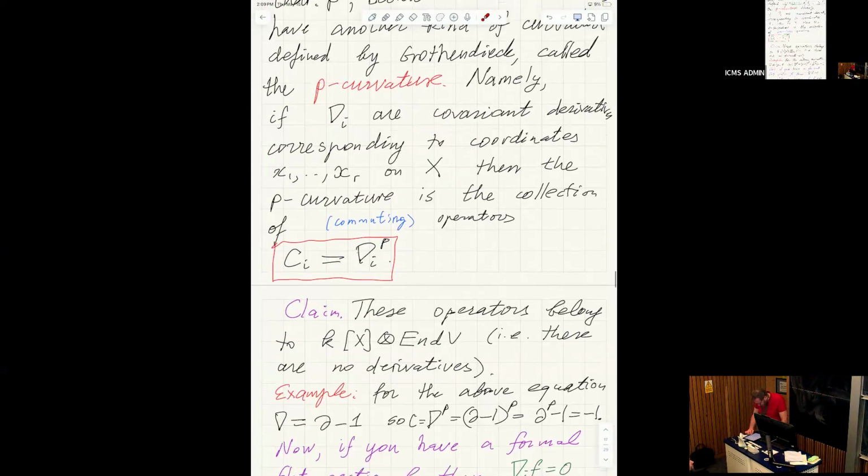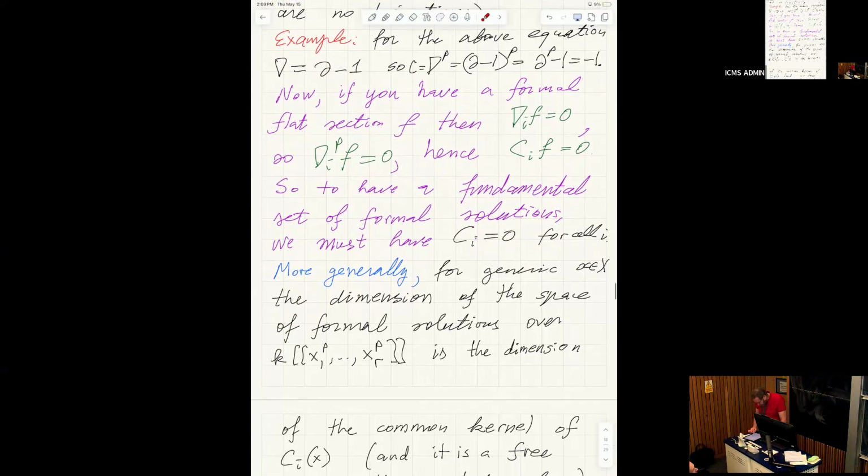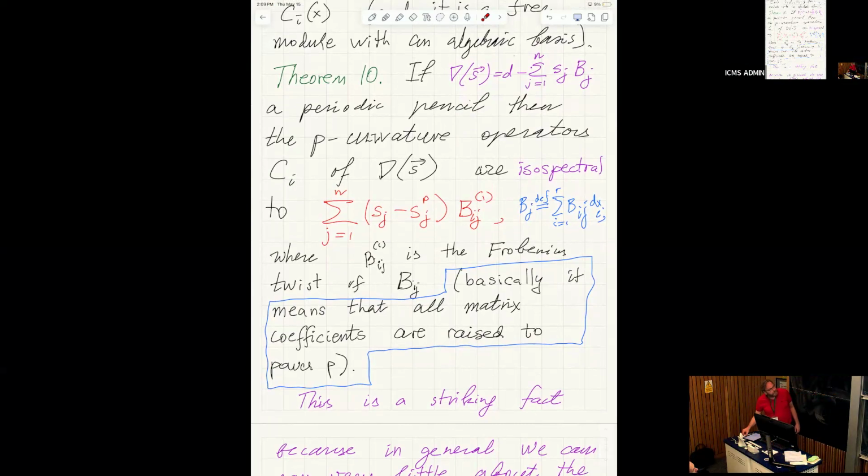The discussion of p-curvature. And here is maybe the main theorem which I want to describe. The theorem says the following: if you have a periodic pencil, then you can say a lot about its p-curvature, at least about its eigenvalues.